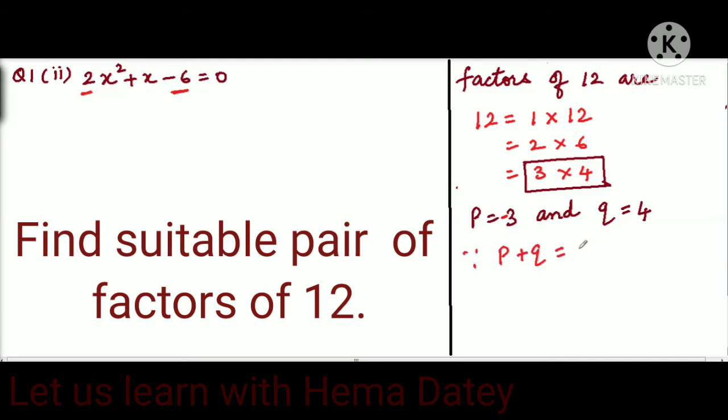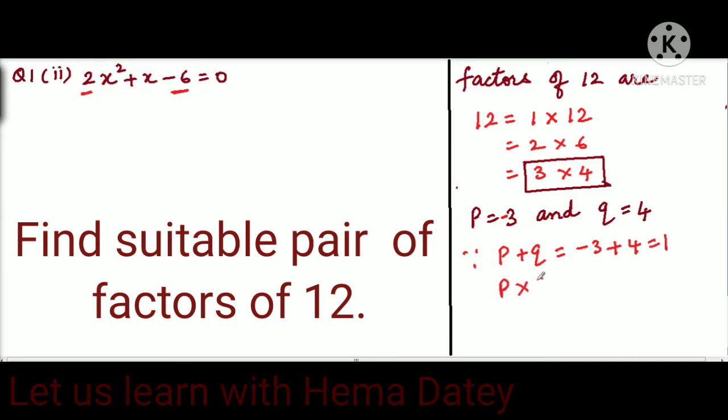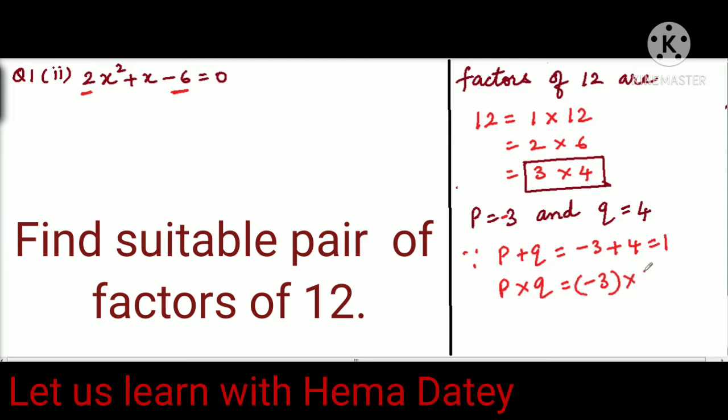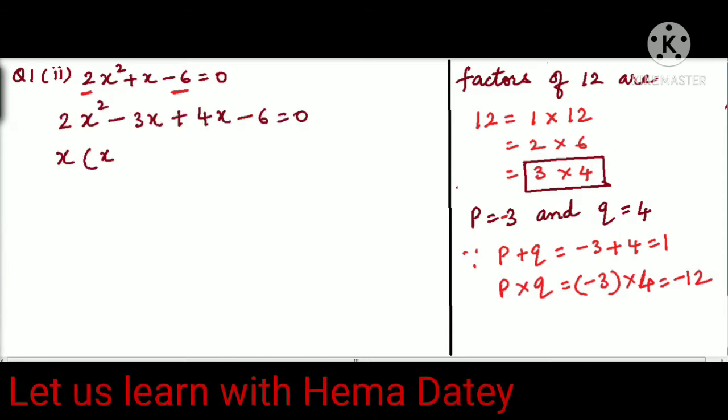Now p plus q we want 1, so we should take 3 negative and 4 positive. And p into q, means minus 3 into 4, will give us minus 12. Therefore, minus 3 and 4 are the suitable numbers we need to split the middle term.